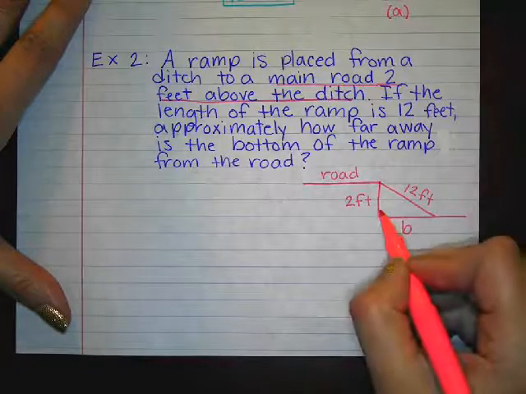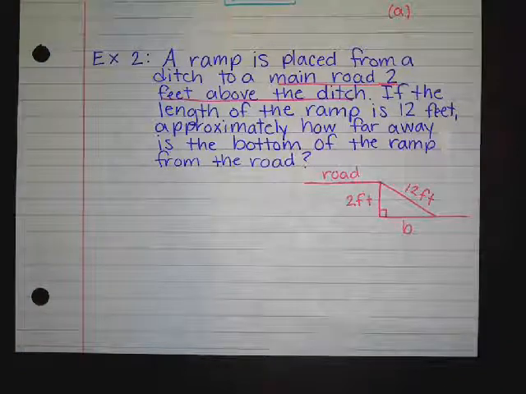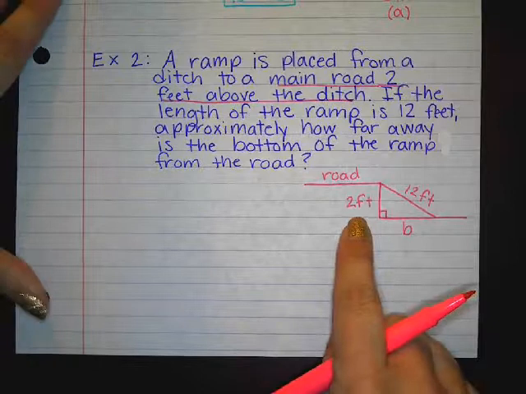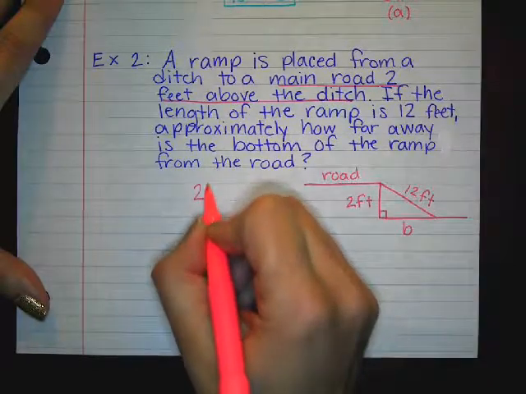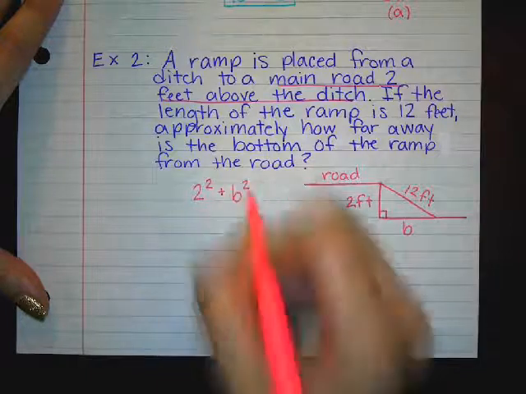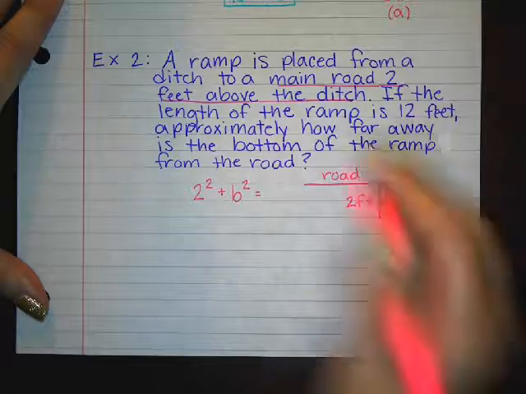So again, this is a 90-degree angle, so we know that Pythagorean theorem is going to work. So when we set up our equation, A is going to be 2 feet. So A squared is 2 squared plus B squared, which is what we do not know, is equal to 12 squared.